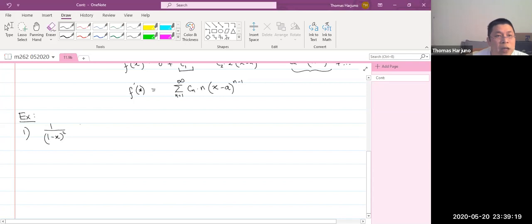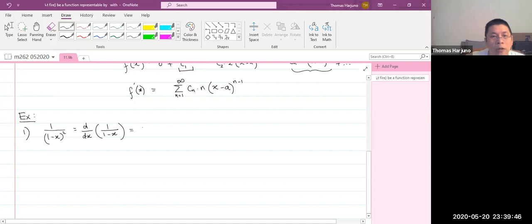Now notice that this is the derivative of 1 over 1 minus x. That's the derivative of 1 over 1 minus x.